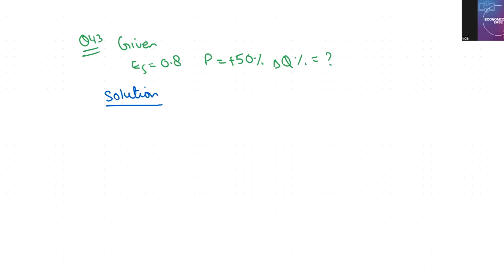Now here the percentage is given, so elasticity of supply equals percentage change in quantity supplied upon percentage change in price. Okay, so elasticity of supply is 0.8, equals to quantity supplied, which we need to find out, and here the price is 50.